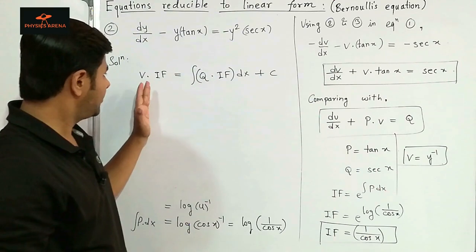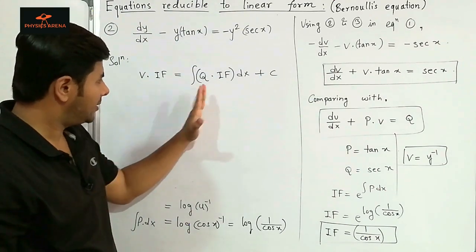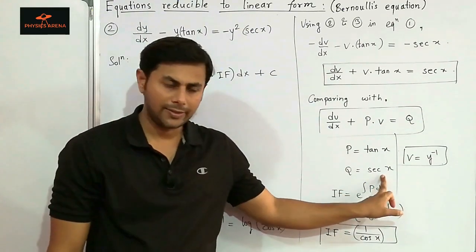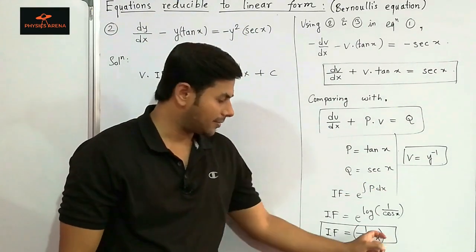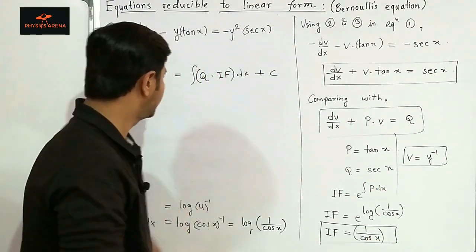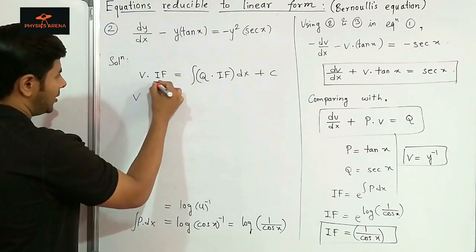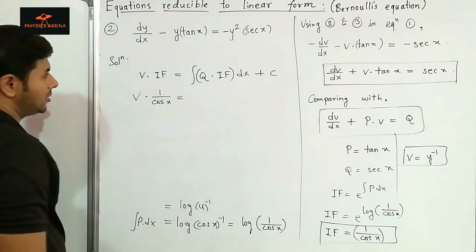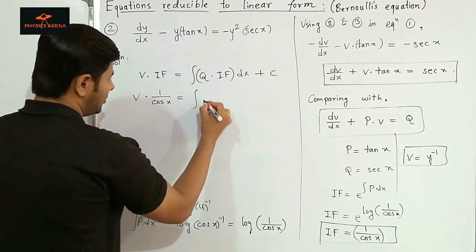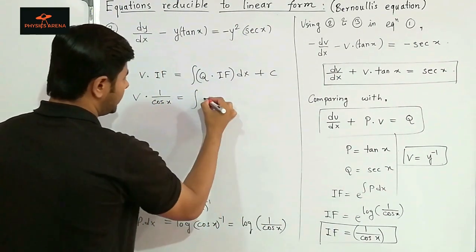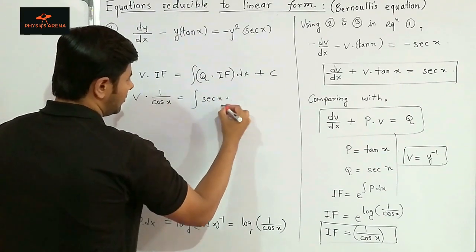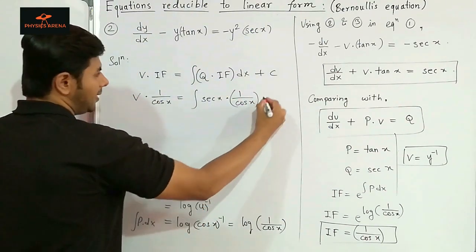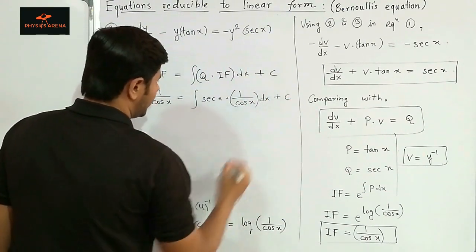Now let's substitute the values of integrating factor and q. So we have q equals to sec x, and integrating factor is 1 over cosine x. So v multiplied by 1 over cosine x equals to, this q is sec x multiplied by integrating factor is 1 over cosine x, that is sec x, plus c.